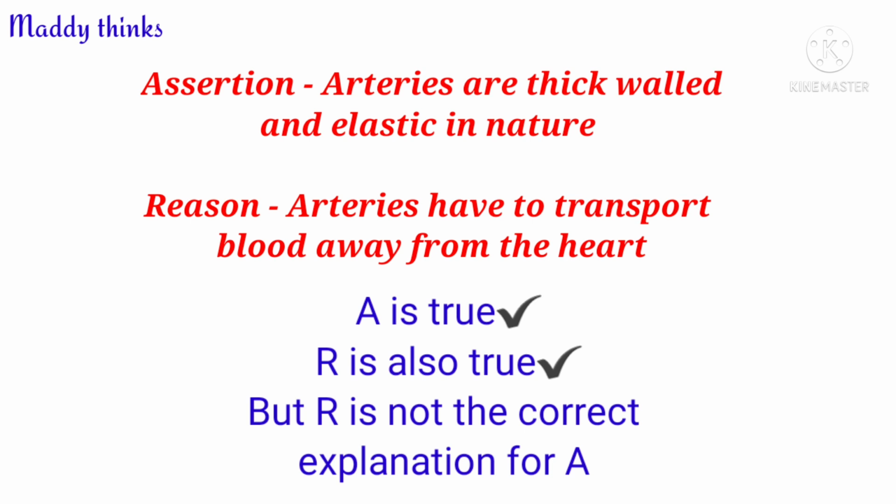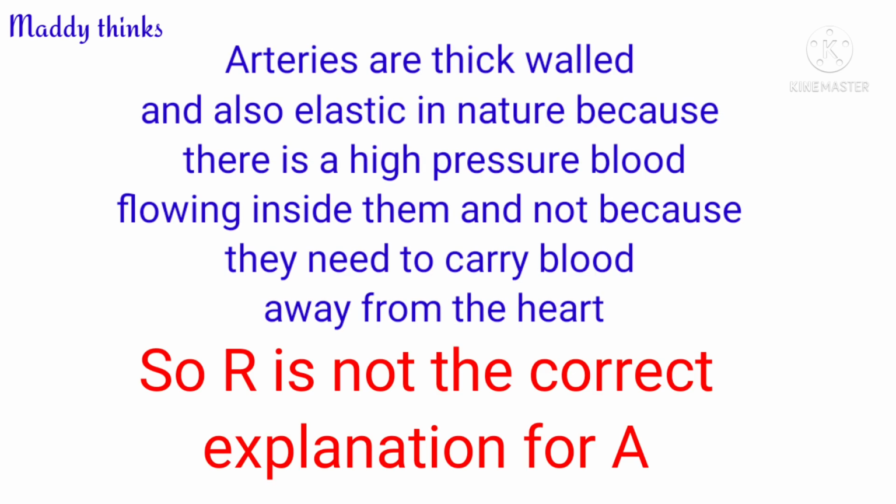So in this statement, A is true, R is also true, but R is not the correct explanation for A. See why R is not the correct explanation for A. Arteries are thick-walled and also elastic in nature because there is a high pressure blood flowing inside them, and not because they need to carry blood away from the heart. That is why R is not the correct explanation for A.